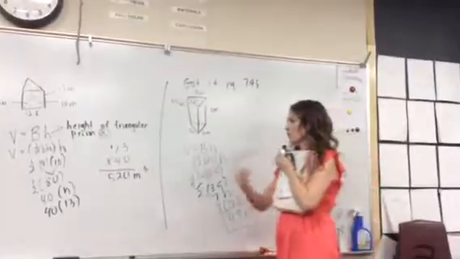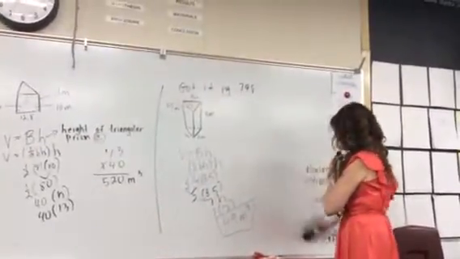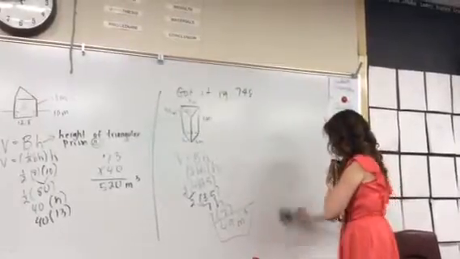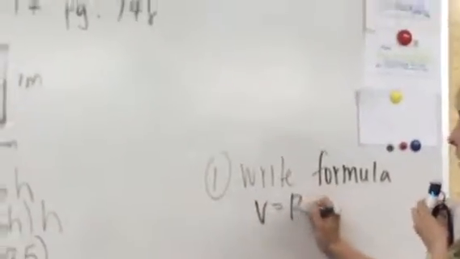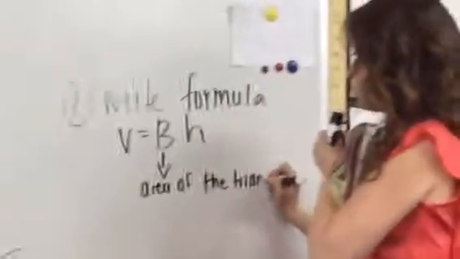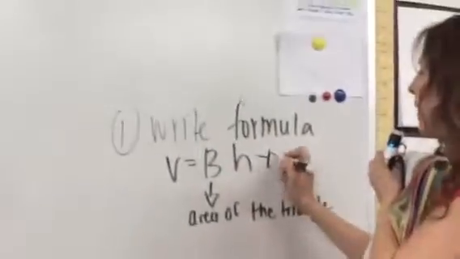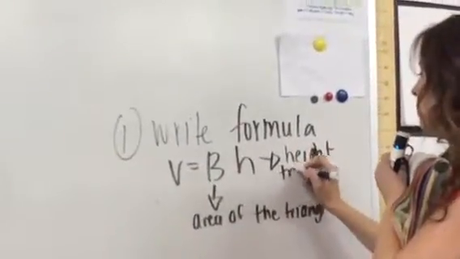Okay? So if you think about it in steps, you would first write formula, which would be volume equals capital B times the height, where the base is the area of the triangle, and the height represents the height of the actual triangular prism.